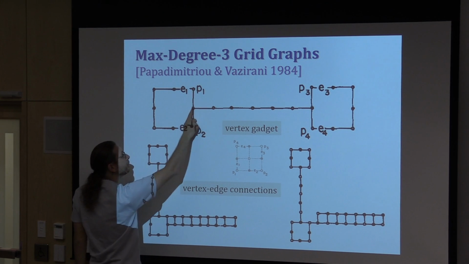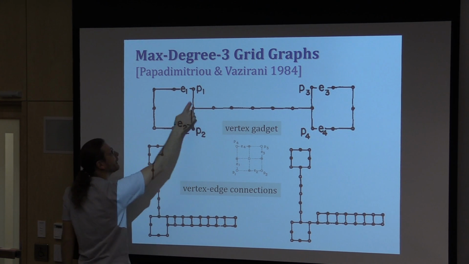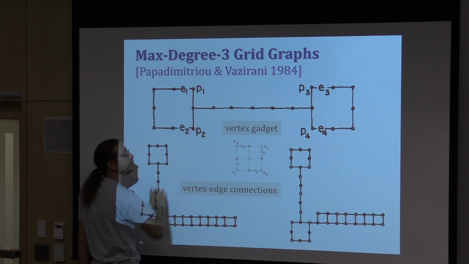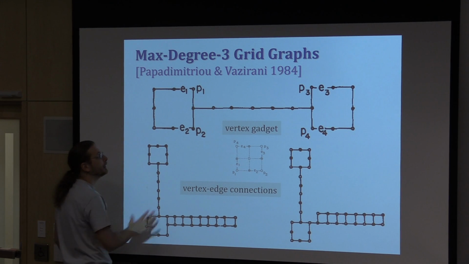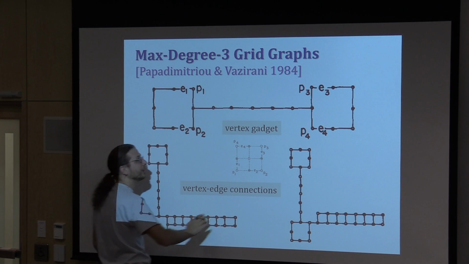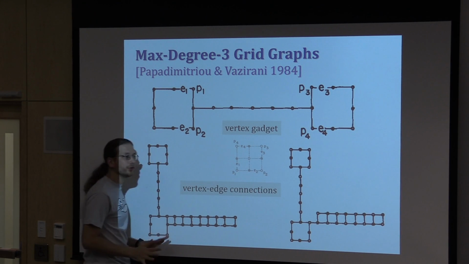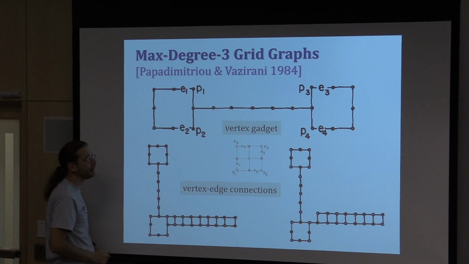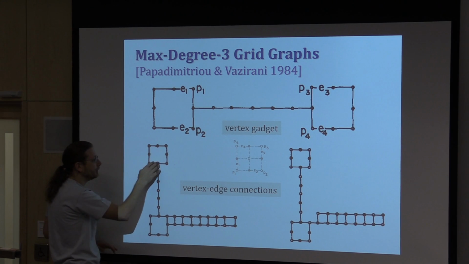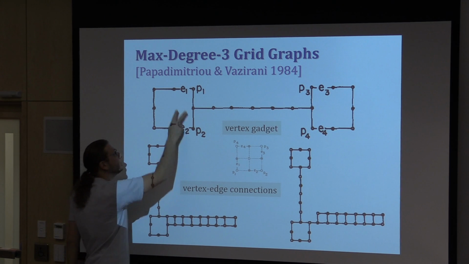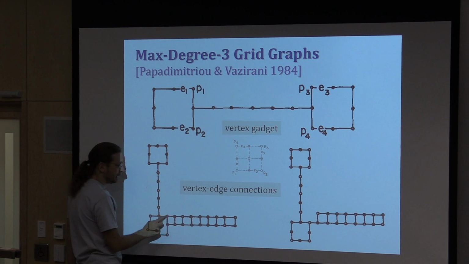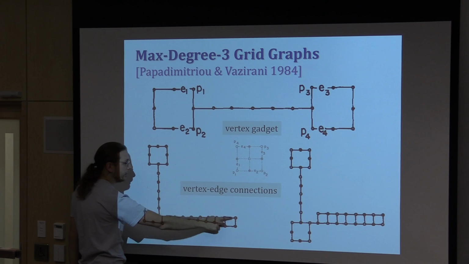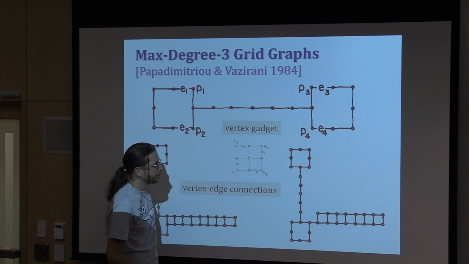Start at P1. If you go out there, you can never come back. If you come around here, you've already visited P2. So we cannot start and end on the left side, and we cannot start and end on the right side. So for a degree 2 vertex, that's fine. We just put one of the connections on one side, one on the other, and we'll come in, visit everything, come out. And because we visit all the E_i's, we can do this kind of traversal every time.